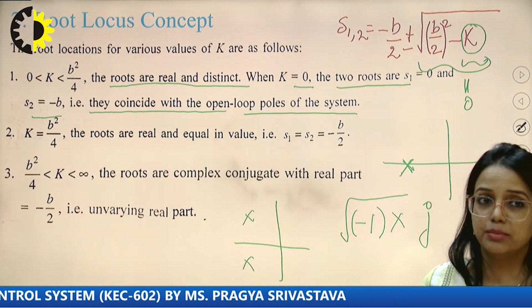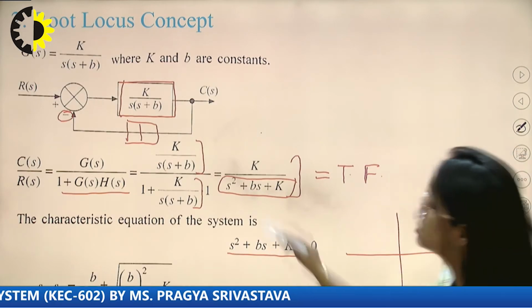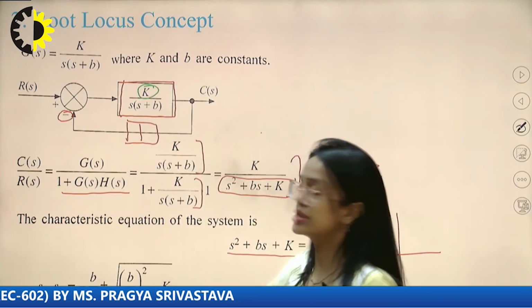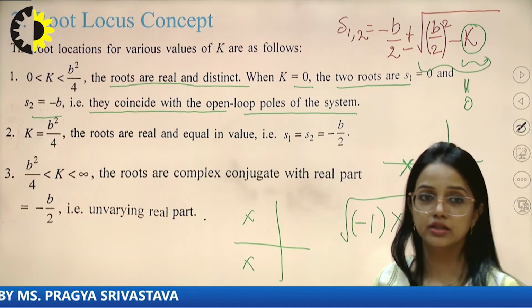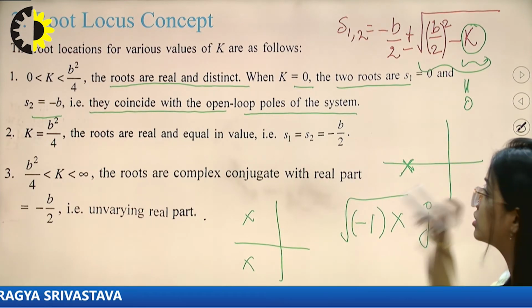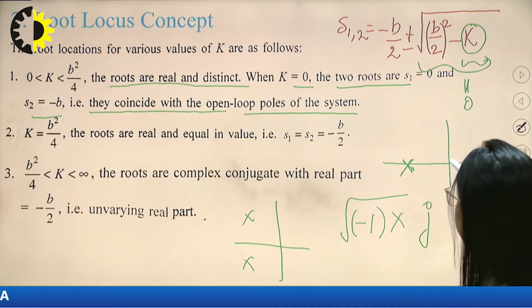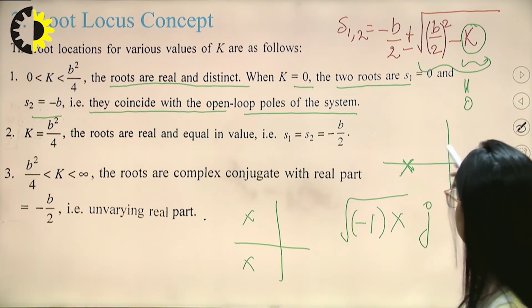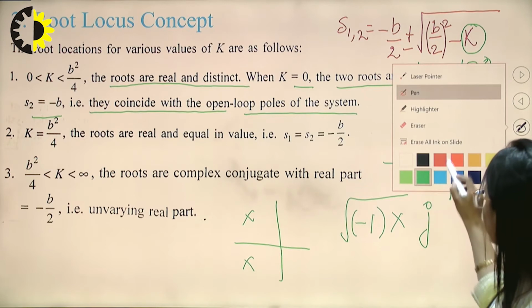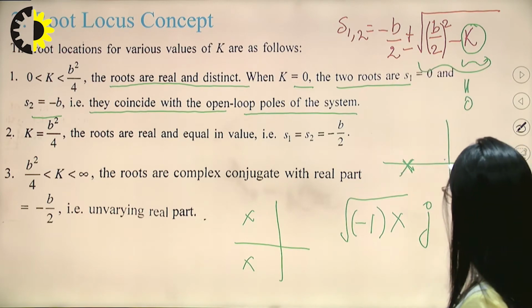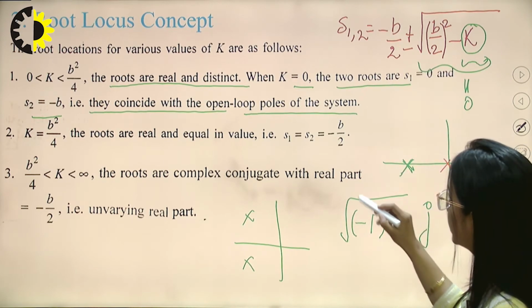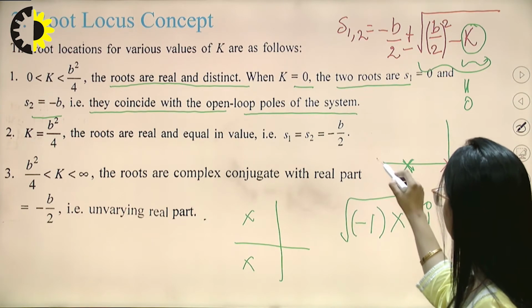So we see, depending upon the value of k, sometimes these poles are at s equals 0. In the first condition, let's plot the first condition with red. So first is at 0 and another is at minus b.